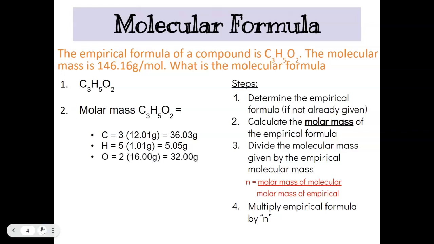And then 2 times 16 gives us 32 grams. Again, the 16 is coming from that average atomic mass on the table. So we're going to add all those up. 36.03, 5.05, 32 will give us 73.08 grams. So the molar mass of the empirical formula is 73.08 grams.